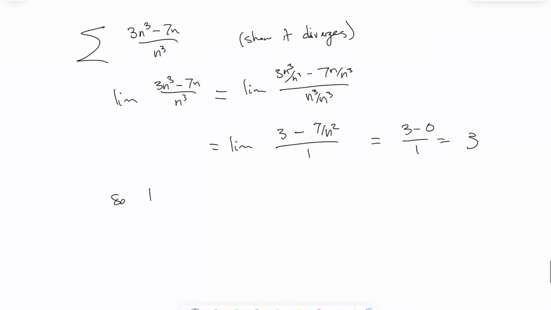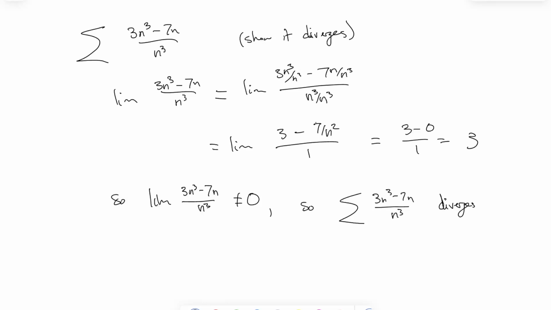So the limit of the terms is not 0, because it's 3. That means the series diverges. This is a nice way to show something diverges. Any thoughts about that one?